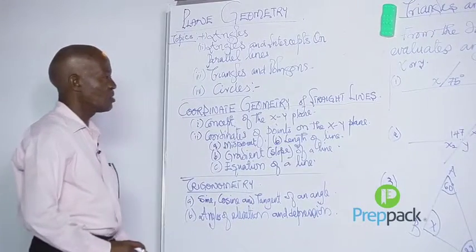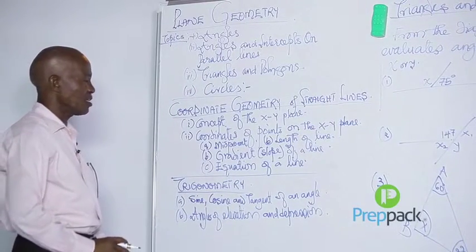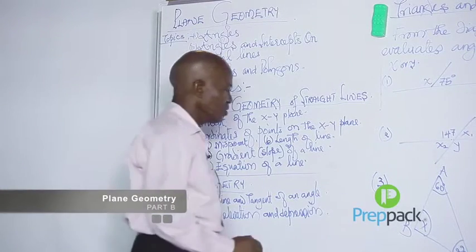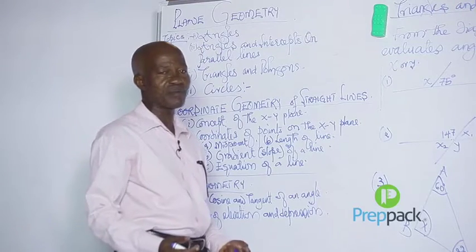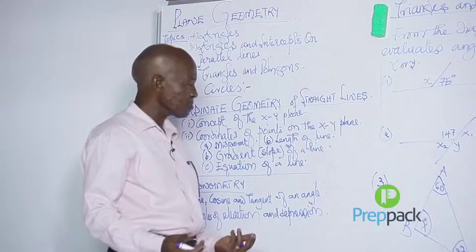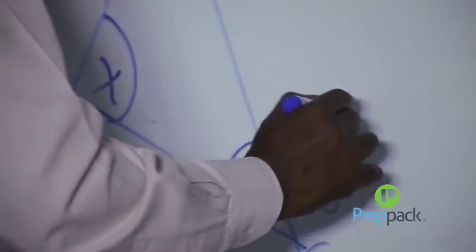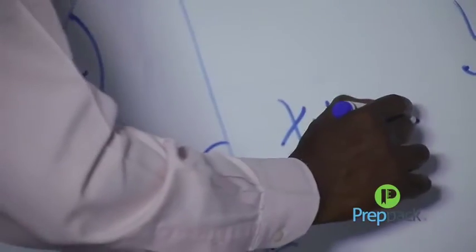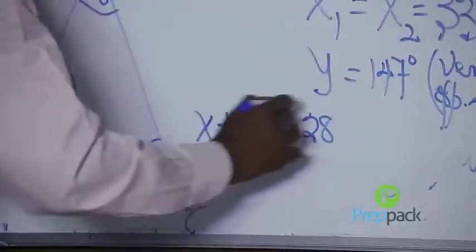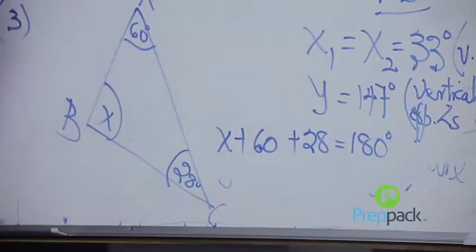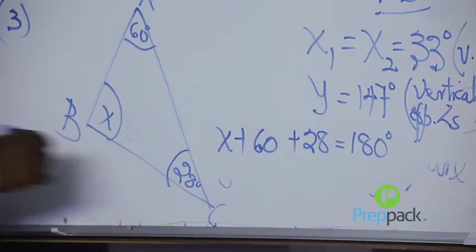That is what the solutions are. Now coming to the triangle ABC, we know the sum of angles in the triangle gives us 180. And so x plus 60 plus 28 will give us 180 degrees. Sum of angles in the triangle. 60 plus 28 gives us 88.